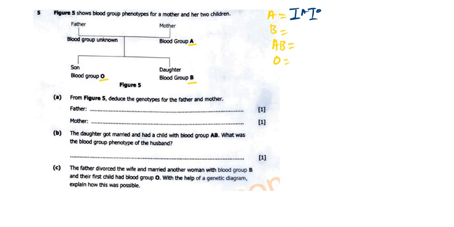Remember, A, it is dominant, while O, it is recessive. So the alleles of blood groups are represented by this I. So for B, you have blood group B, allele B, and then allele O as well. But for this, we say codominant. Both A and B are dominant. So we have allele A and allele B.